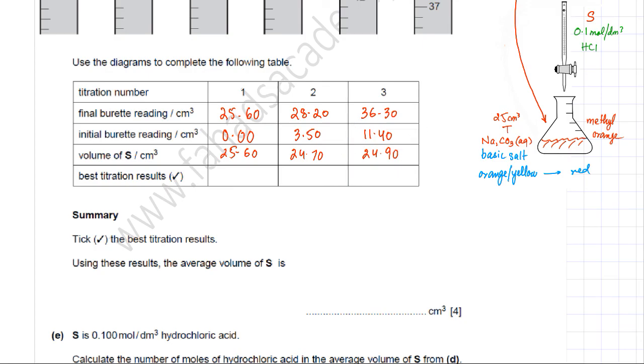Now we need to take the best titration results, and remember, the best titration results are the ones that are close together. These two values are close to each other, whereas this one is slightly further away, which indicates that there must be something wrong in this experiment. More consistent values that are close to each other indicate that the titrations are accurate.